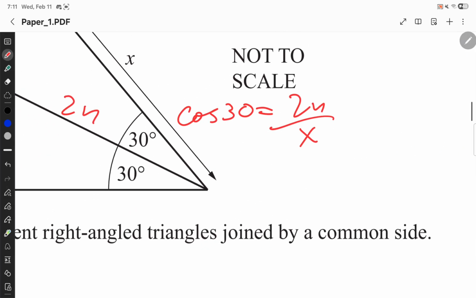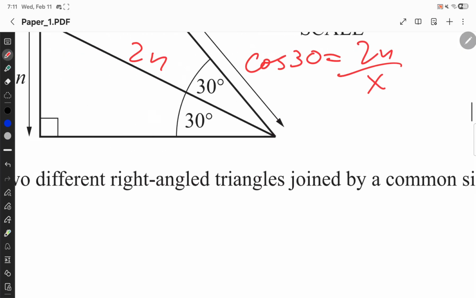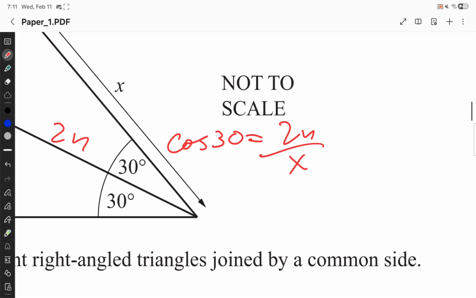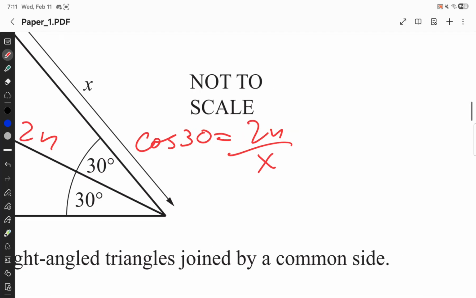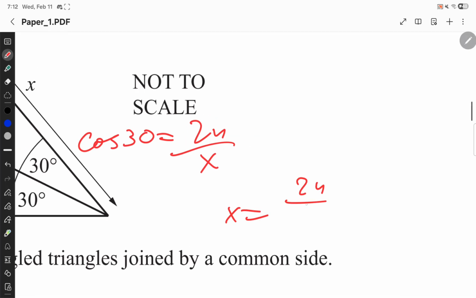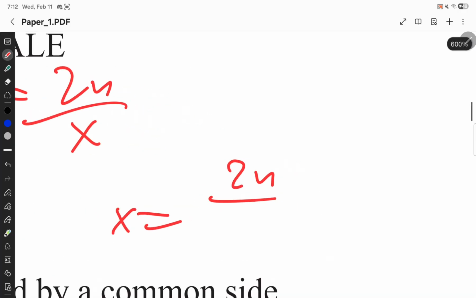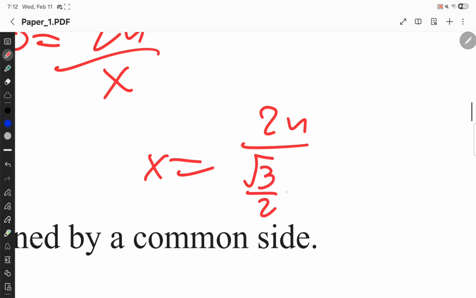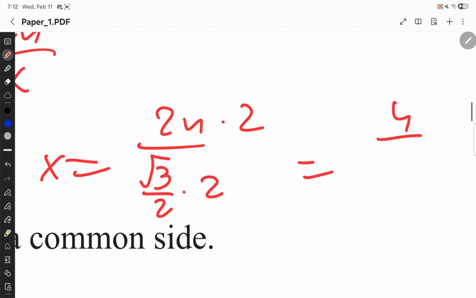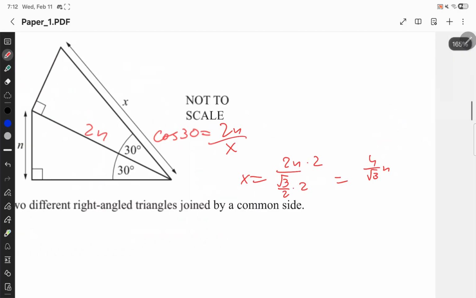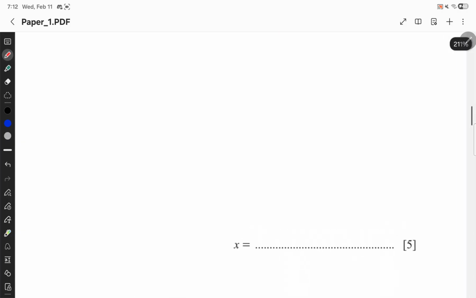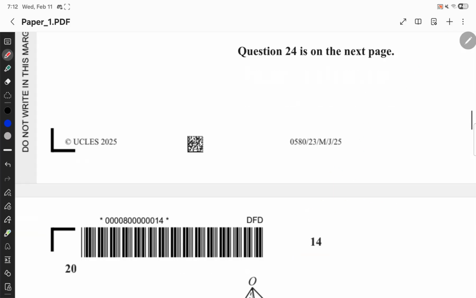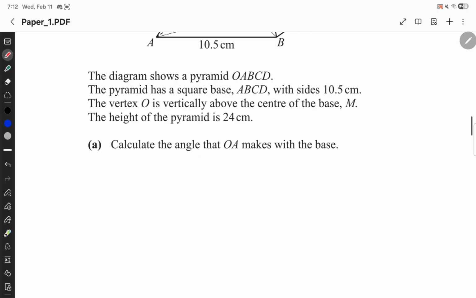And to express x in terms of n, we need to solve for x, obviously. So x is equal to 2n over cosine of 30. Now I actually do remember cosine of 30, which is root 3 over 2. Multiply by 2 on both sides, which gives 4 root 3 n over 3. And that is our answer. No need to simplify thirds.